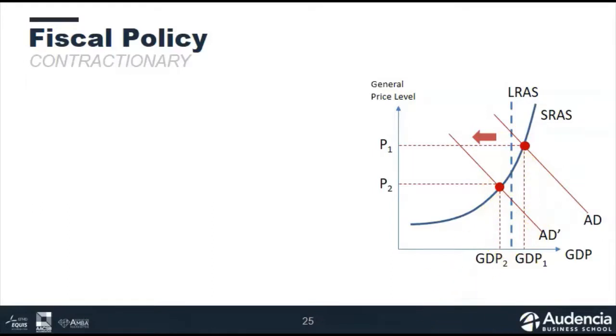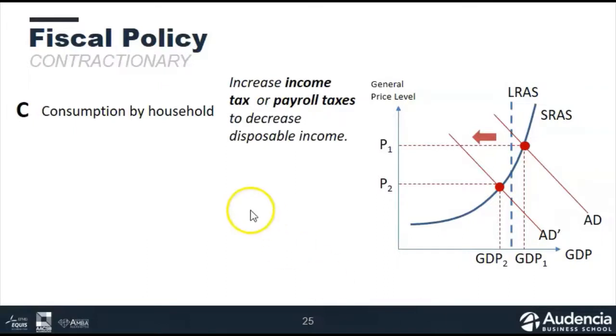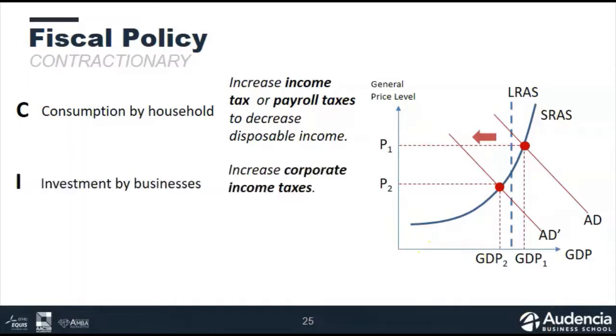That's the exact opposite of what we saw before. We can increase income taxes or payroll taxes and decrease disposable income for households. As people have less money to spend, they buy fewer goods and services. We can increase corporate income taxes for businesses, and so they spend less money on machines and whatnot.